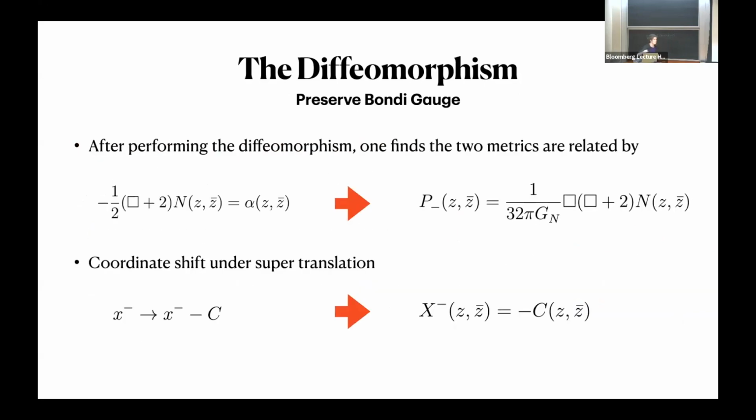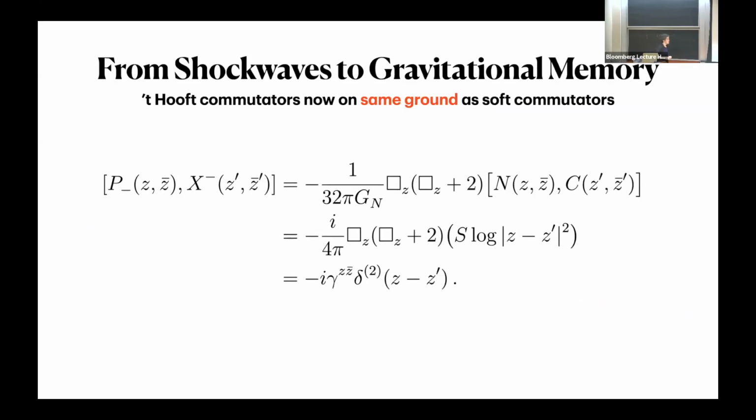All right, so our conclusion was that there's a diffeomorphism that relates the memory and the shockwave metrics, and therefore the momentum of energetic particles to the news of the gravitational radiation. And likewise, there's a relationship between these shifts in the light ray operators and the shear C. So if you just crank it through, then what it says is that this 't Hooft commutation relation is equivalent to the standard soft commutation relations that already appear in the literature.